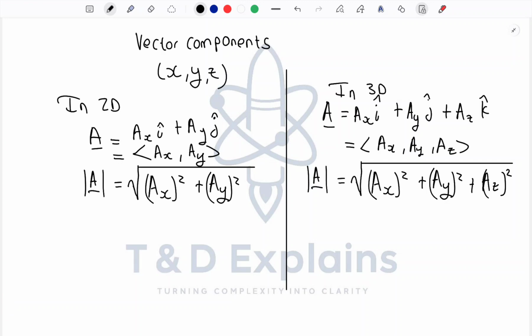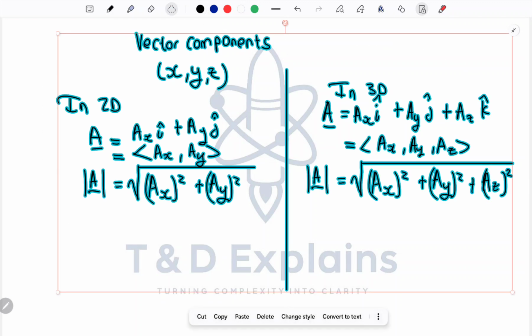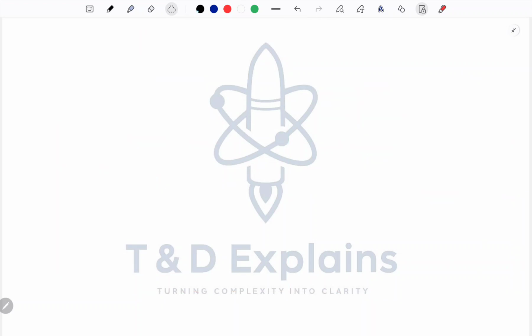What's next is me explaining what unit vectors are. A unit vector is a vector that has a magnitude of 1, used to indicate direction. Any vector that has magnitude 1 and can be used to show direction is called a unit vector.